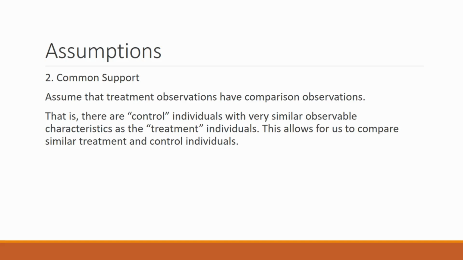If our control group is very, very different from our treatment group, and there's no one that has a similar propensity score, then we're not going to be able to use the method. We're not going to be able to create matches, to find people in our control group that are comparable to the individuals in our treatment group, in which case the common support assumption will not hold.